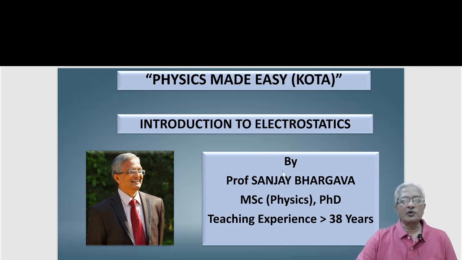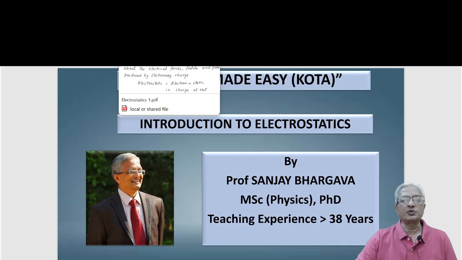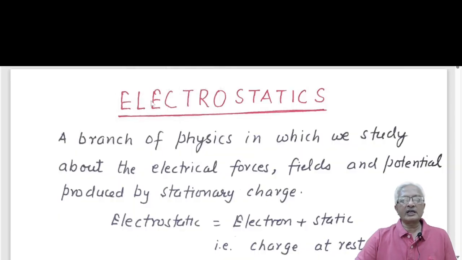Today, I am going to introduce some basic aspects of electrostatics for you. Electrostatics is a branch of physics in which we study about electrical forces, fields and potentials produced by a stationary charge.